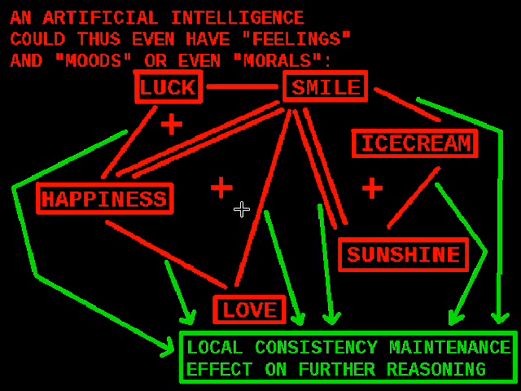Well, I dare say that by means of logical triangulation and instincts, you can even have something like moods and even morals and, yeah, so to say, feelings of a system. It will behave as having them. For instance, if you have here luck, smile, ice cream, sunshine, and happiness, and love, you can have some sort of quite powerful local consistency maintenance based on those terms and their relations.